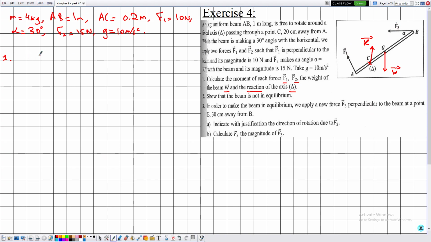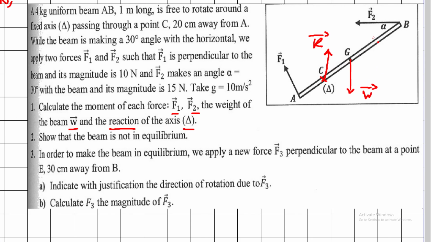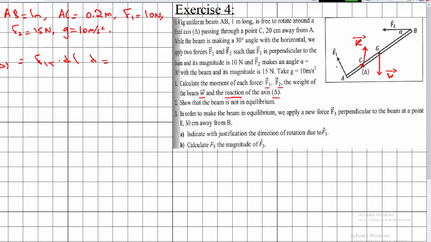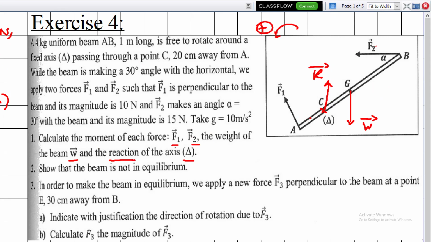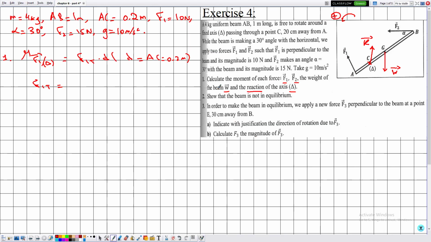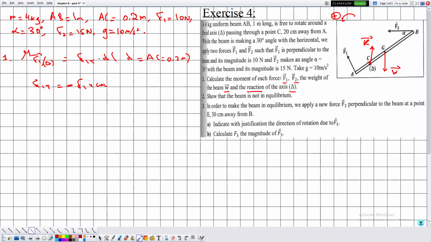Let's start with the moment of the force F1 around the axis delta, which is equal to F1 tangential multiplied by the distance d. In this case, d is equal to the distance from F1 to the point C, which is given by AC, which is equal to 0.2 meters. Now for F1 tangential, let me choose the positive direction like this. Notice that F1 will try to rotate the beam around C in the negative direction, times the magnitude times the cosine of the angle. If this is the radial direction, then the tangential direction will be like this.